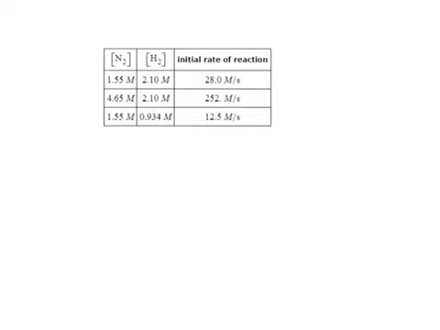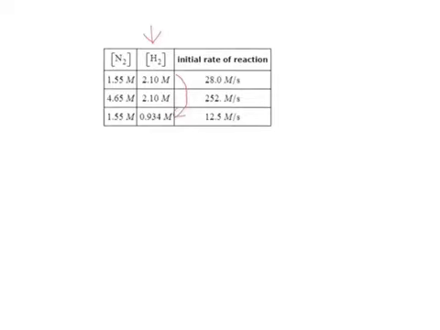So let's take this data that I actually got from one of your ALEKS topics. Let's start with H2 here, and I'll use red for H2. So if we're holding N2 constant, in order to get from 2.10 to 0.934, that is a reduction.